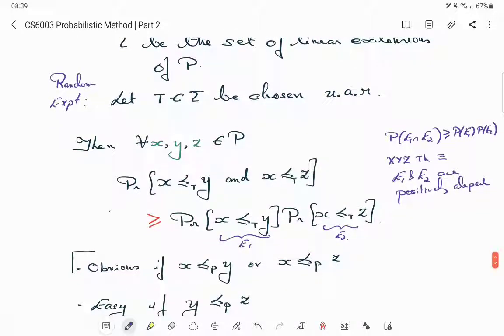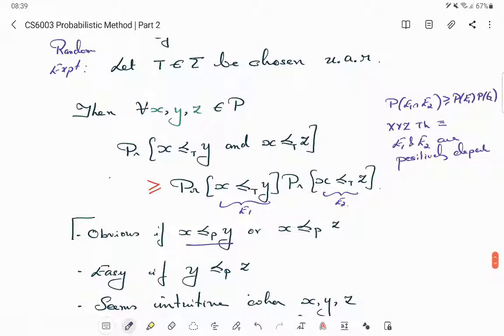Now actually this is obvious if, let us say, X was already preceding Y in the partial order P. Remember, this conclusion is about a linear extension chosen uniformly at random from all possible linear extensions of P. But suppose X preceded Y in P itself, then in every linear extension T, X will precede Y. Hence this is a sure event, so its probability is 1.